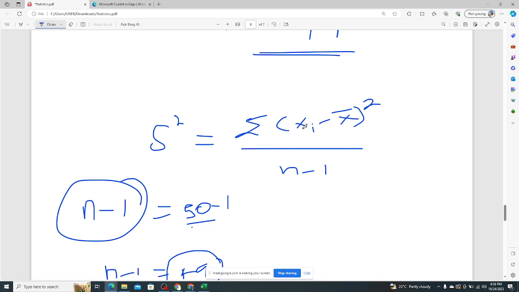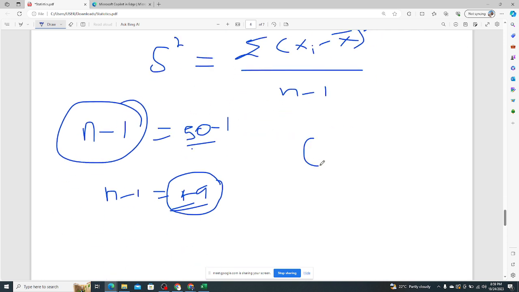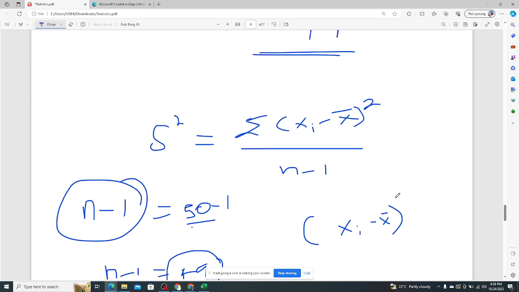All right, the other thing is now to calculate the xi minus x bar raised to 2, meaning we have to calculate what we call x bar.